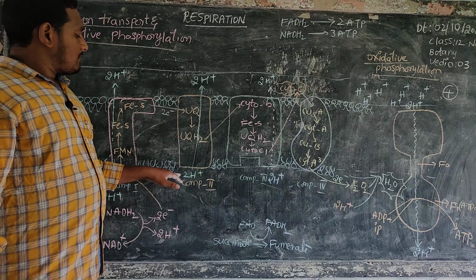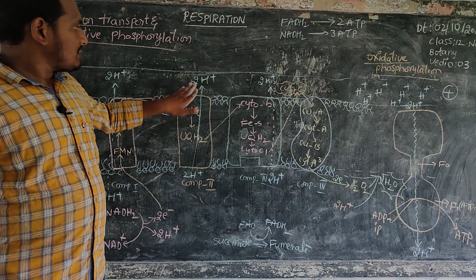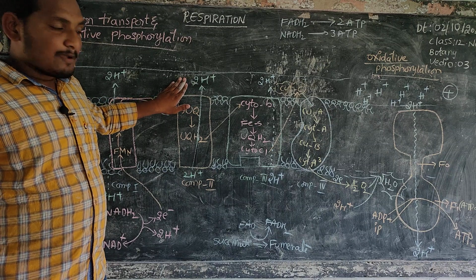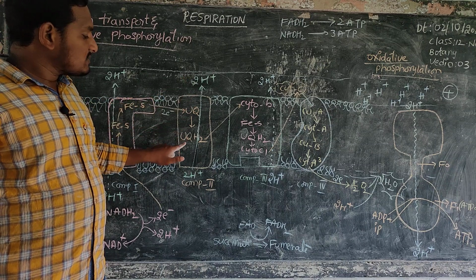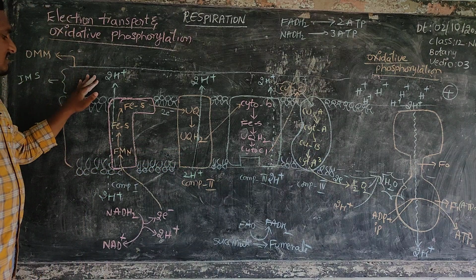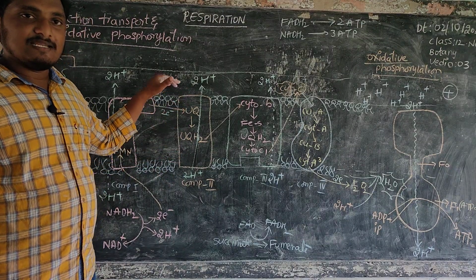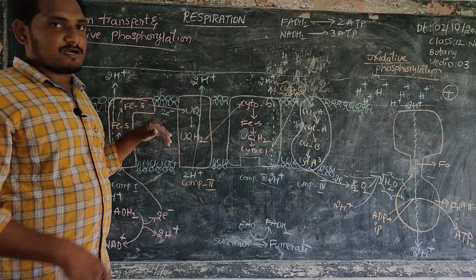It means a pair of protons travel from the matrix to the intermembrane space while electrons travel through ubiquinone H2. One pair of protons at the first complex, one pair at the second complex, they are released to the outer compartment.